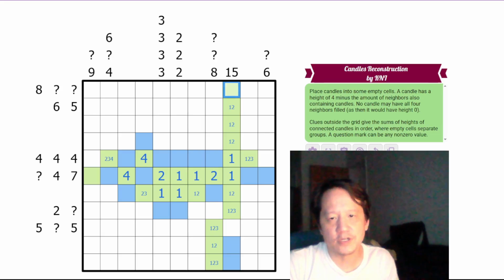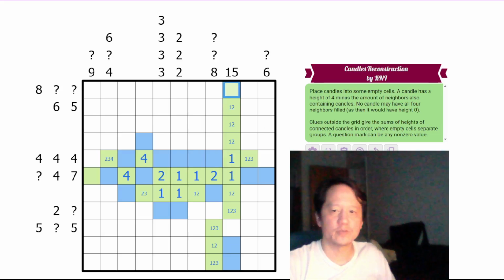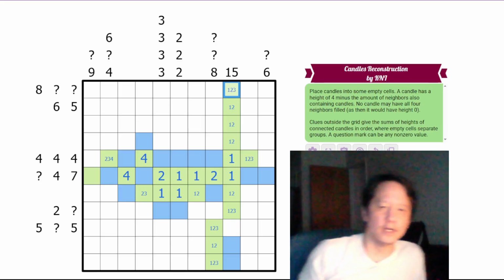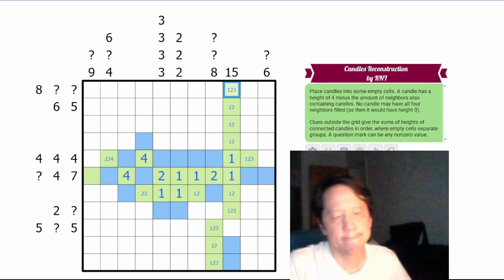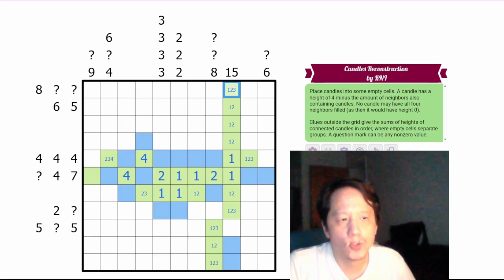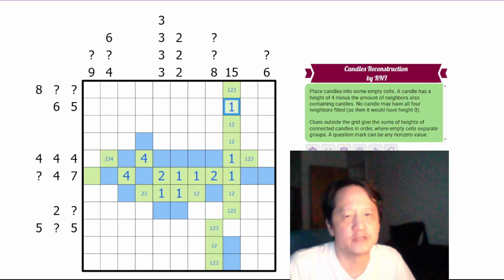So this is shaded here. Then this could be 1, 2, or 3. One of these two. Okay, so this has to be 1. So this is guaranteed to be 1.